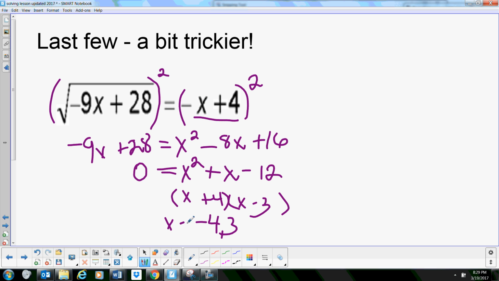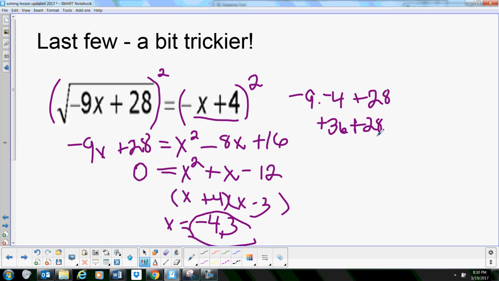So since these are square roots especially, let's make sure both of these work. Let's plug in the negative 4 first. Negative 9 times negative 4, that's going to give me positive 36 plus 28.